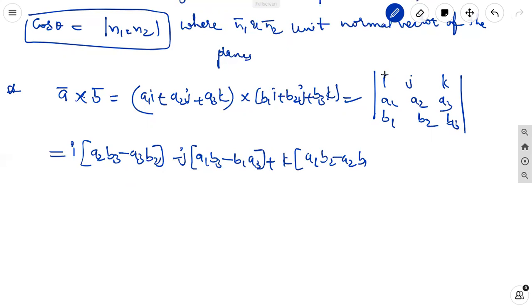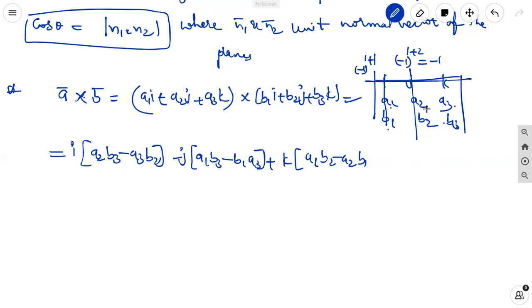For i, we eliminate the corresponding row and column and take the determinant of the minor matrix: a2 b3 minus a3 b2. The first row, first column has sign minus 1 to the power of 1 plus 1, which is positive. For the first row, second column, the sign is negative, so minus j times the determinant after eliminating the corresponding row and column: a1 b3 minus a3 b1.